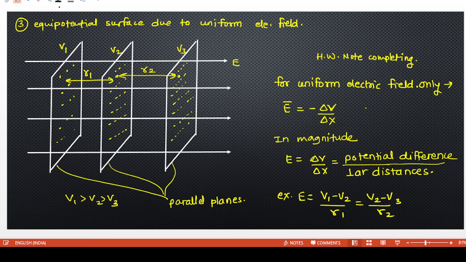Every time the direction may not be x, so you can generalize this as r.